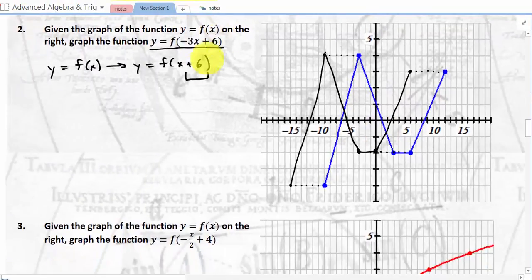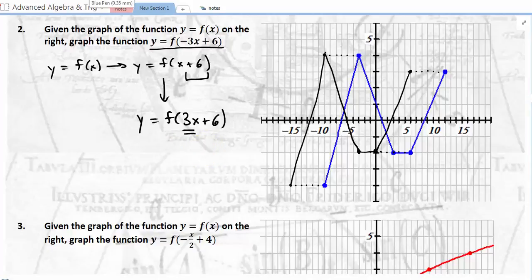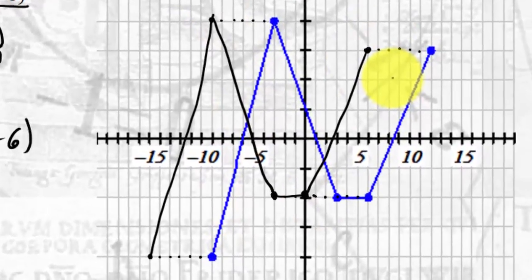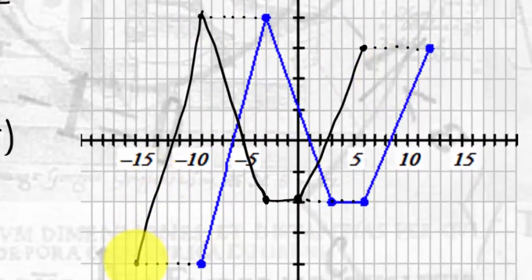Second, what do I have? Well, second, I have y equals f of 3x plus 6. This is a compression by a factor of 3. So I have to compress the black graph by a factor of 3. All right, so let's read the coordinate here. What's the coordinate of this point?